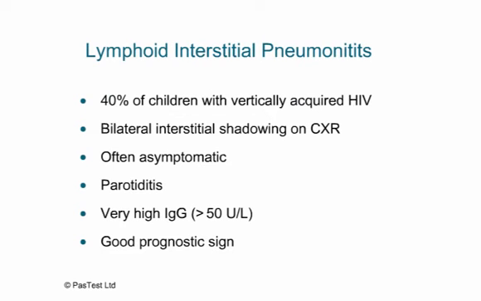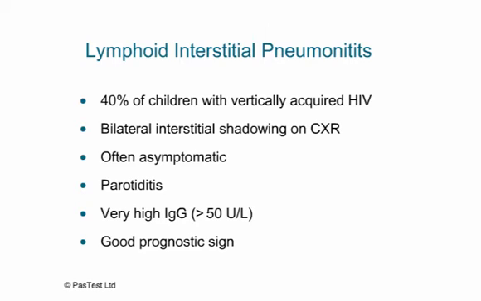Lymphoid interstitial pneumonitis is an interesting phenomenon that children get, that we don't fully understand why some children get it and why others don't. About 40% of children with vertically acquired HIV appear to go on to develop this, and it is actually a good prognostic sign.